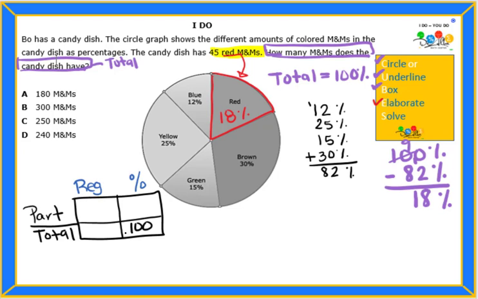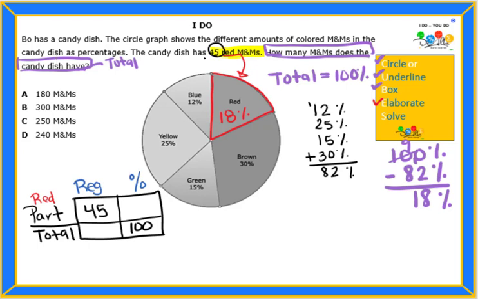But the part that they told us about, the candy dish has 45 red. So we're going to include the red part in our chart. The red candy dish has 45 red M&Ms. That's a regular number. It's not a percent. So we're going to put that here. The red part in regular numbers is 45.